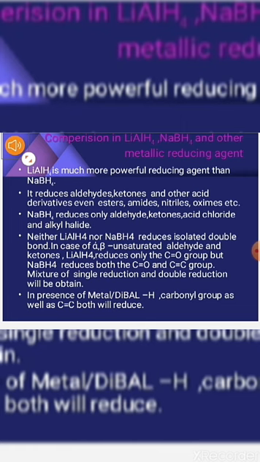Lithium aluminum hydride is a much more powerful reducing agent. It can reduce aldehydes, ketones, carboxylic acids, and all the acid derivatives like acid chloride, acid amide, acid anhydride, all. While sodium borohydride can reduce aldehydes, ketones, acid chloride, and alkyl chloride, but all the acid derivatives can't be reduced by sodium borohydride.